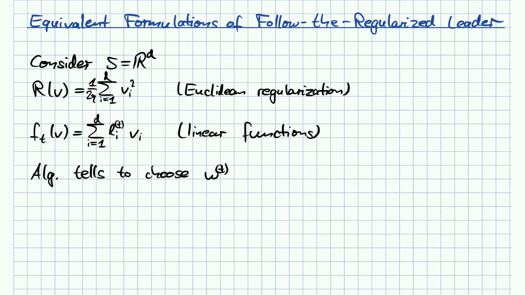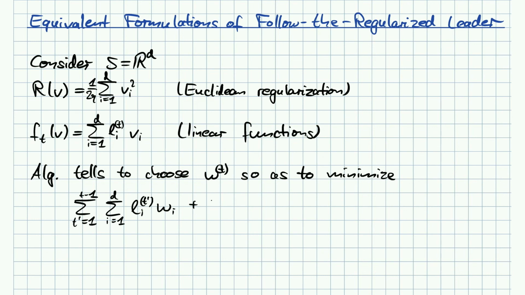We choose w_t so as to minimize the sum over all rounds so far of f_t of w, which is nothing but l_i prime times w_i, plus 1 over 2 eta times w_i squared.